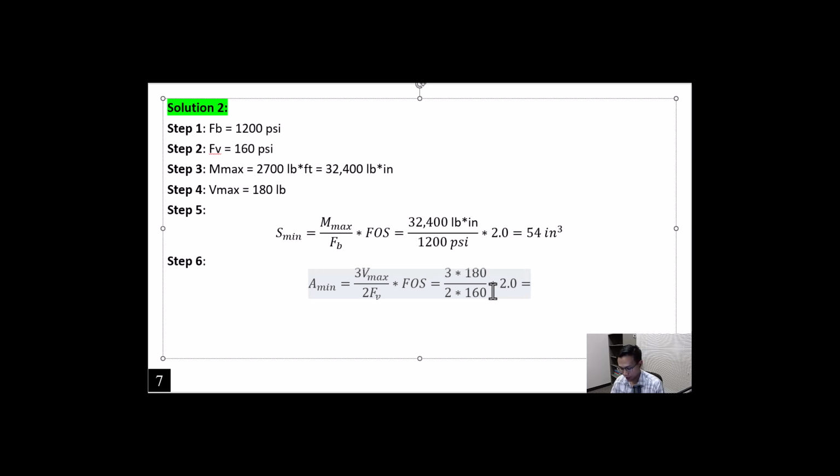So the A min will equal 3.38 inch to the power of 2.